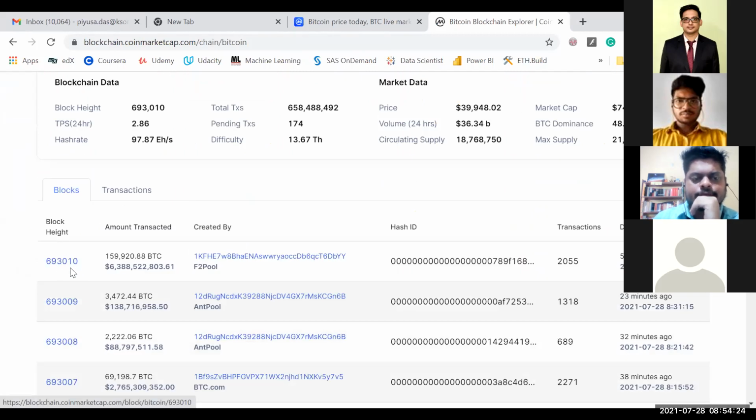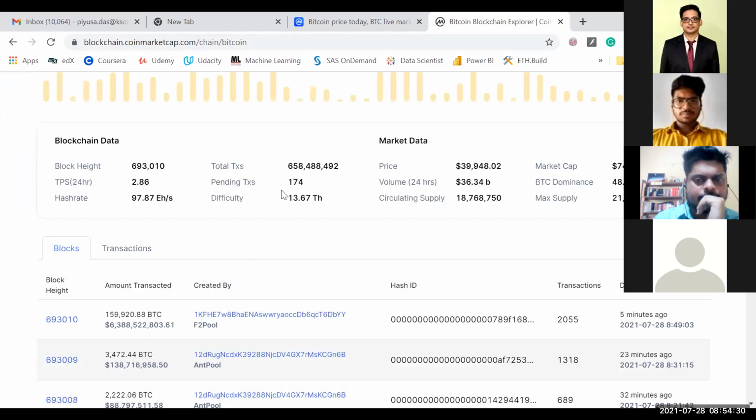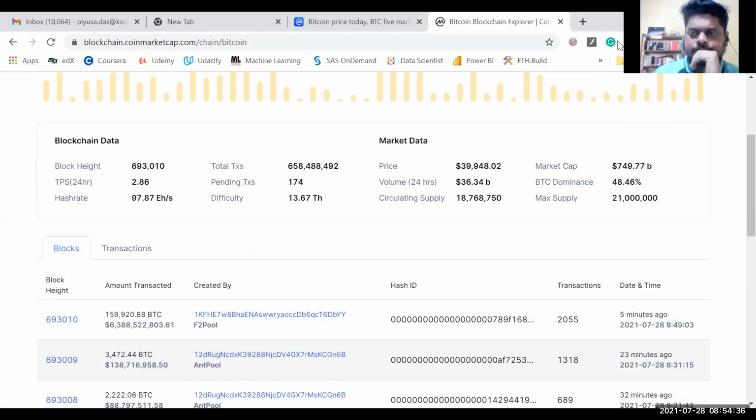So if you see here, how many blocks? The latest block which was created, maybe the time will be written somewhere here. It is just 5 minutes back. The average time to create a block in Bitcoin is around 10 minutes, right?